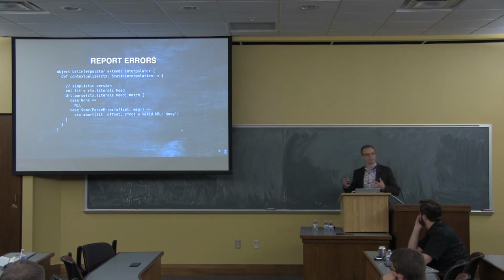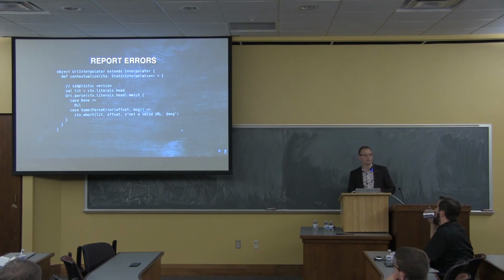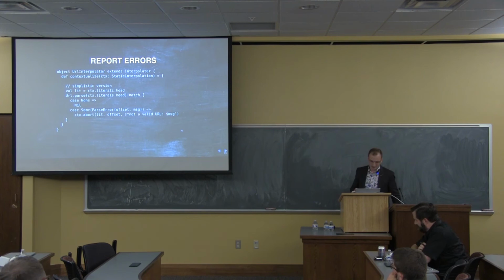The way that will manifest itself is the user will see a Scala compiler error with the message that you have there. And there will be a little caret that points to the position determined as an index from the start of the string, determined by offset. You can also warn. If you want to warn, then you can do that. But this will abort. The return type of this is nothing, so we're still returning nil.